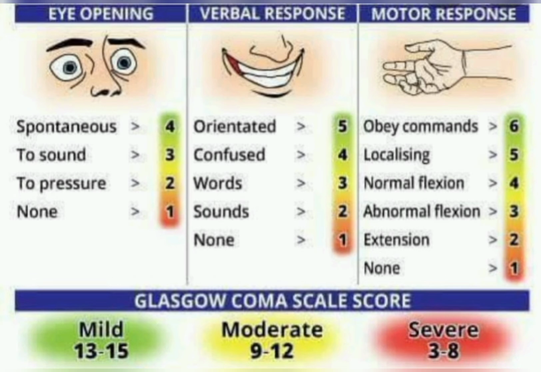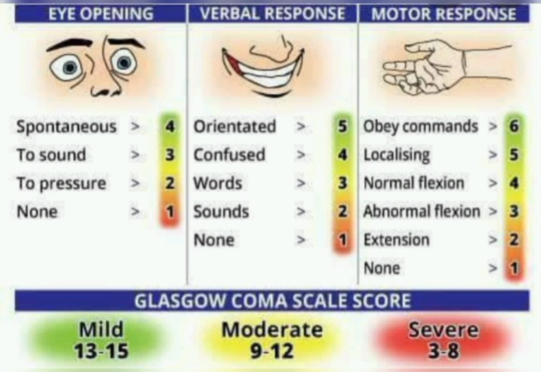If the patient opens the eyes to sound, the score will be 3. If the patient opens the eyes to pressure, the score will be 2. If the patient does not open the eyes even to pressure, sound, or spontaneously, the score will be 1.